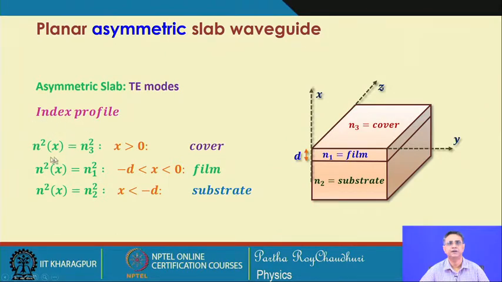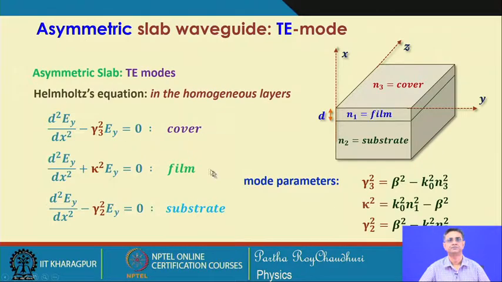You can write the index profile in this case as this, because the top layer will be the cover, the surrounding layer, which is air in this case, or it could be some material. The film N1 is the guiding region, and this is the cladding, which is the substrate region. So, I define these parameters in this way: film, cover, and substrate, the way it appears in the waveguide.